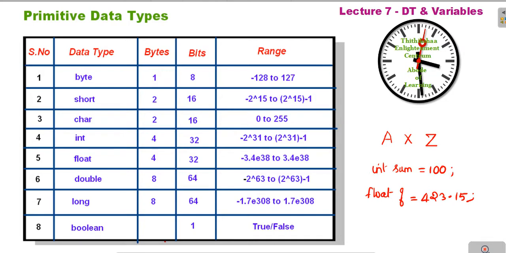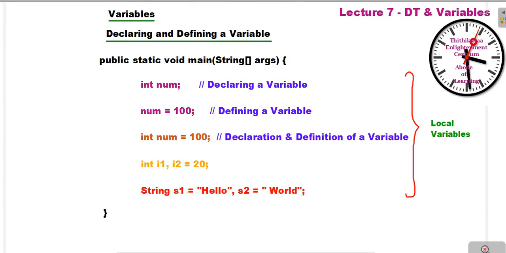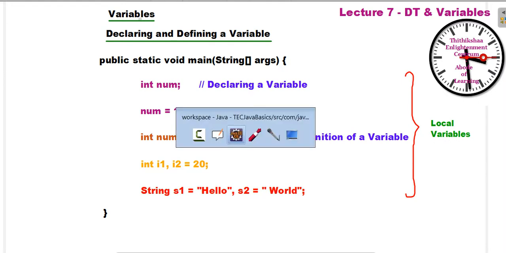Okay, next one, we will see about the variables in Java. We have 3 types of variables. I'll explain in short. We have something called a local variable.